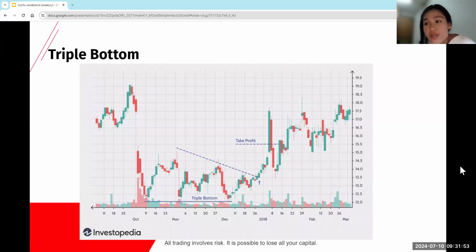Okay, of course, this also depends on where your entry points are, where you get in once this formation has been formed. But yeah, normally your risk would be somewhere after this triple bottom, and your take profit, as long as it's beyond this neckline, you should be fine.